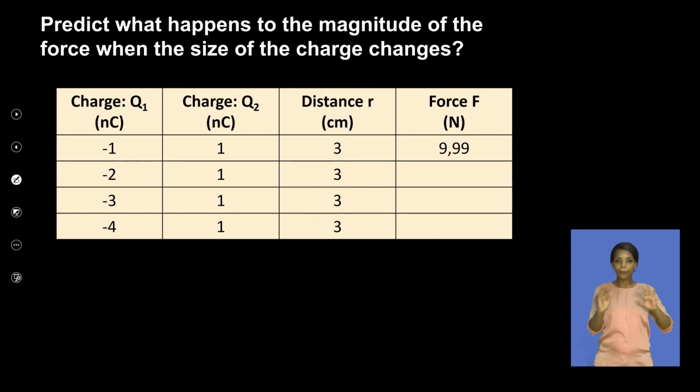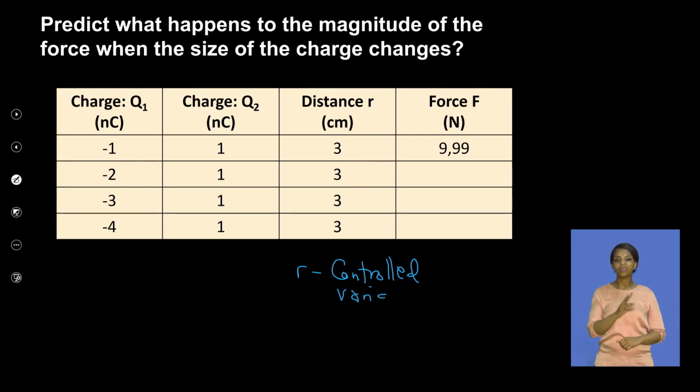Now, you'd realize that the distance between the two charges is the same. So in other words, distance R is the controlled variable, right? So R is the control variable, okay? Now we're keeping R constant as well as the magnitude of charge of Q2, okay?